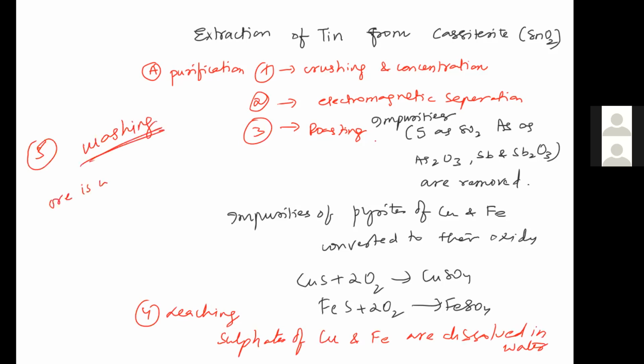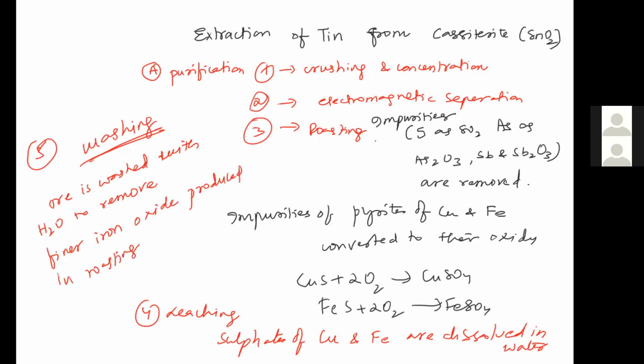The ore is washed with water to remove finer iron oxide produced in roasting. So this ore contains 60 to 70% of SnO2. This is called black tin.